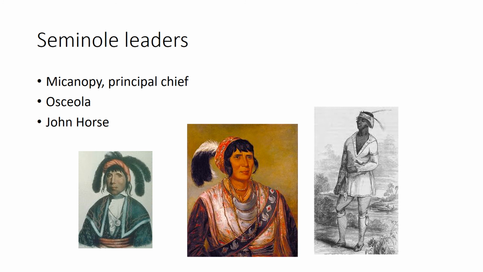John Horse led the Black Seminoles in an alliance with the regular Seminoles. See, some of the Black Seminoles had their own towns, and others were just interspersed among the other Seminoles. Eventually, by the way, John Horse was captured, and he and his people were sent to Oklahoma.